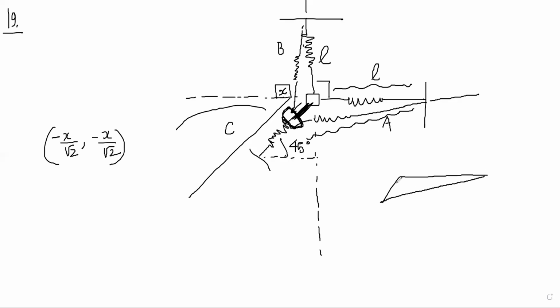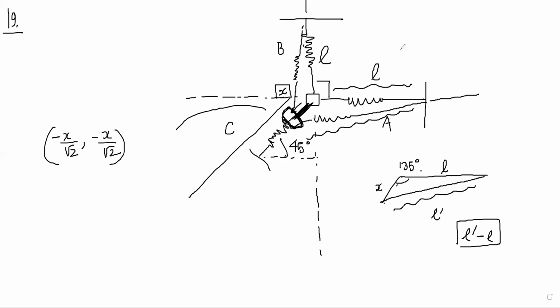This angle is 135 degree, this is L, this is x. I need to find this, the new length L dash, and L dash minus L is my extension. Now this is a simple question, it is the cosine rule in this triangle.